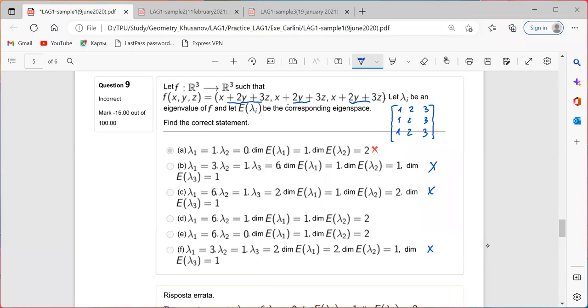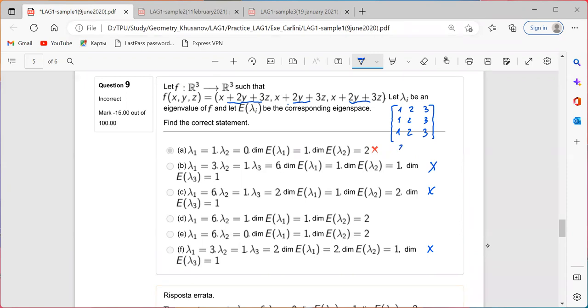Okay, continue. So we have to consider A minus lambda I, and one of these lambdas will be 0. And what about the others?